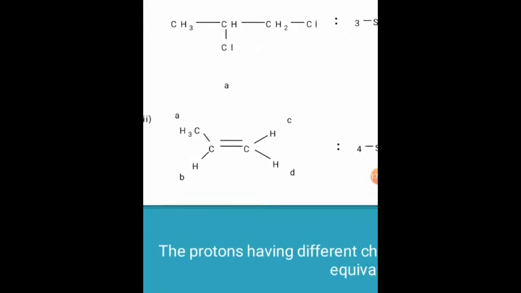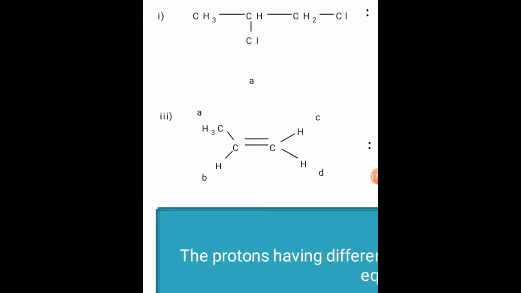Now in this example, propene, this is an important example. The two hydrogen atoms of the CH2 linked to the double bond are non-equivalent. Why are these two hydrogen atoms non-equivalent? Because the double bond restricts the rotation of the carbon-carbon bond, due to which both hydrogen atoms have a fixed position with respect to the hydrogen atom linked to the other carbon atom.